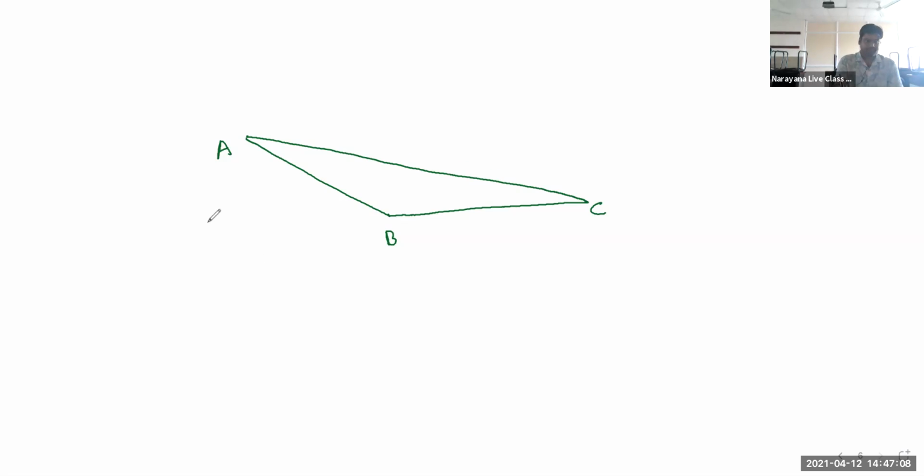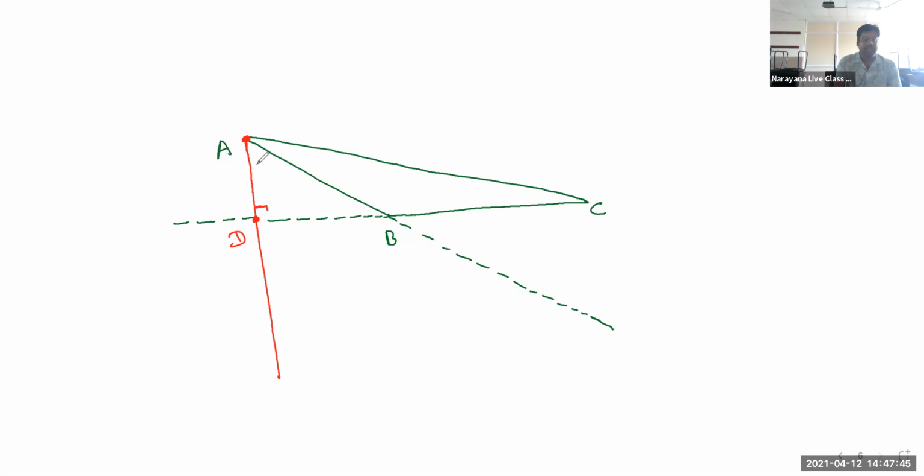Okay, so if you extend all the sides, just extend all the sides. Why am I doing this? If you drop a perpendicular from vertex A to its opposite side BC, then the foot of the perpendicular will be D, and D lies outside the triangle ABC.